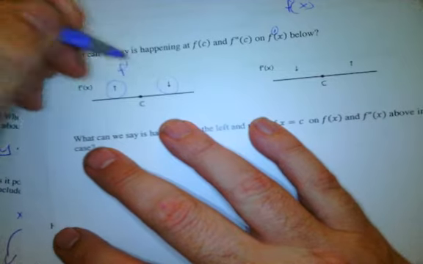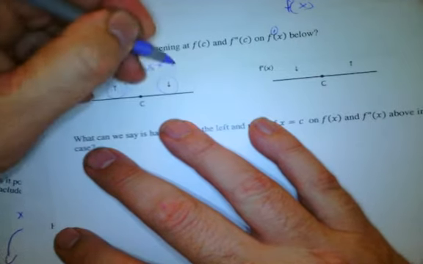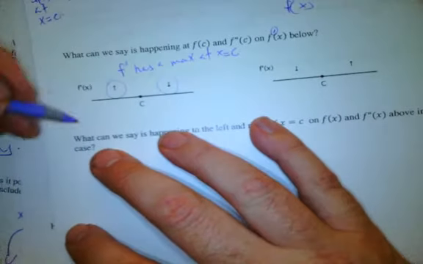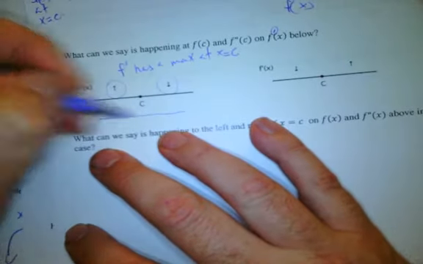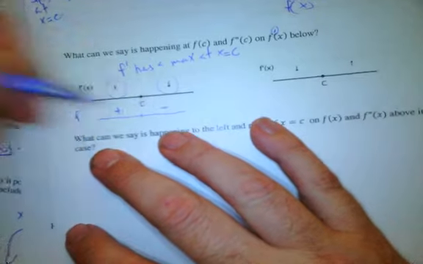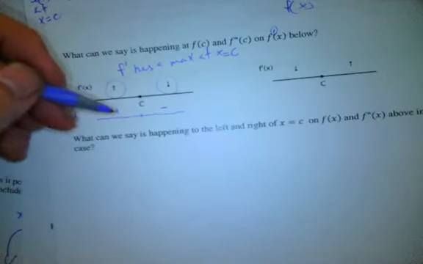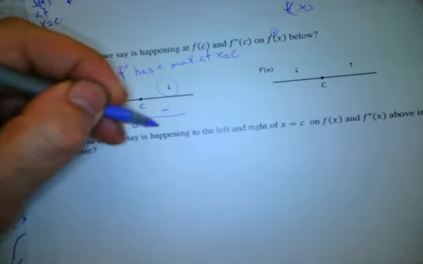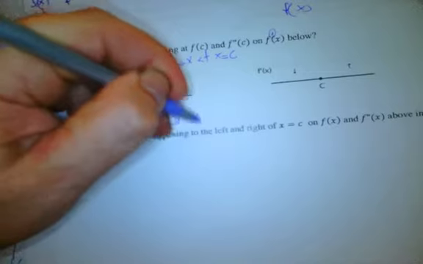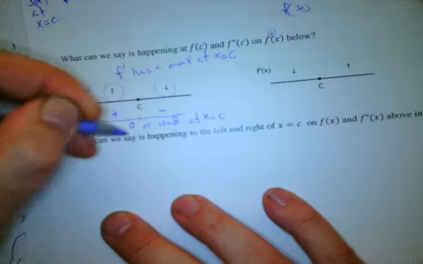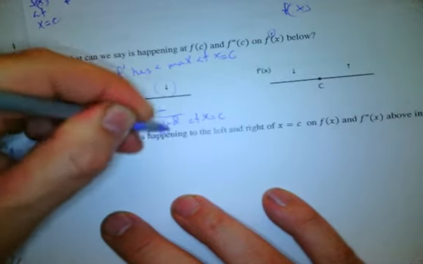Next. What can you say is happening at f of c and f double prime of c on f prime of x below? Okay, well, let's see. f prime is going from increasing to decreasing. So that means f prime has a max at x equals c. But we know on f double prime, that would be positive to negative.